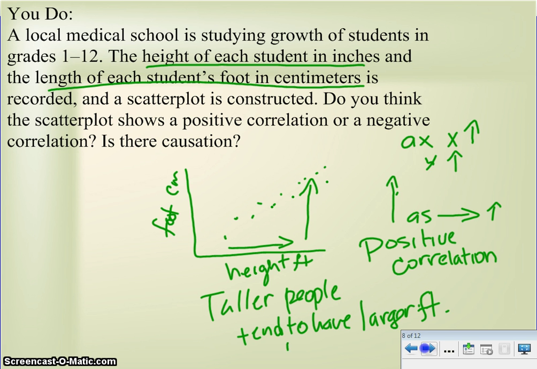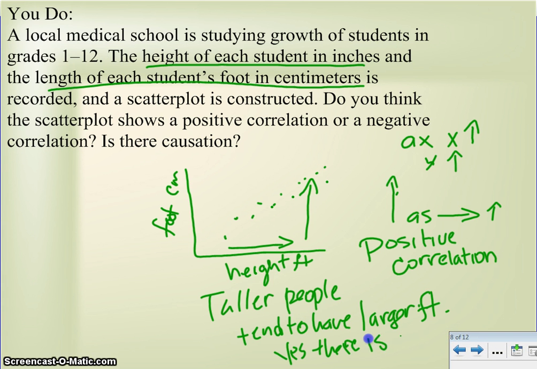So because of that, yes, there is causation. And with that causation, we can say that the explanatory variable is that they're growing taller, and the result or the response is their foot is getting larger.